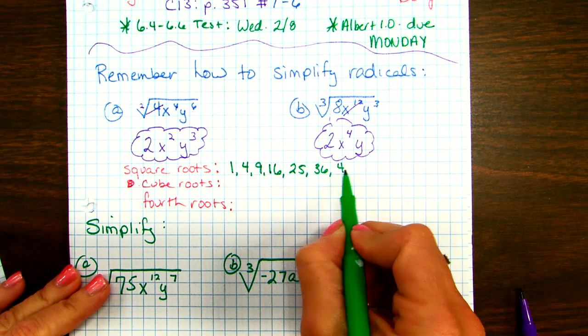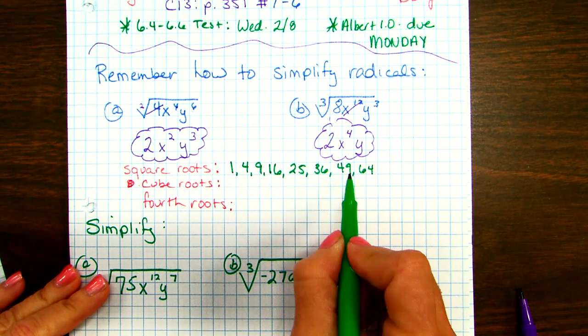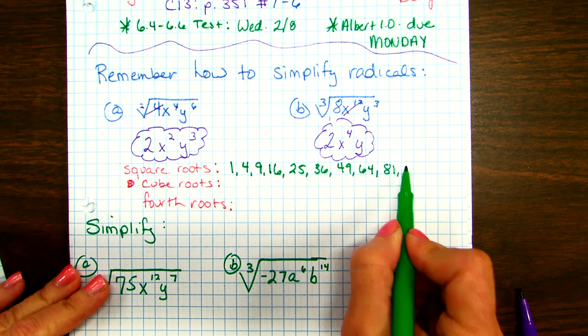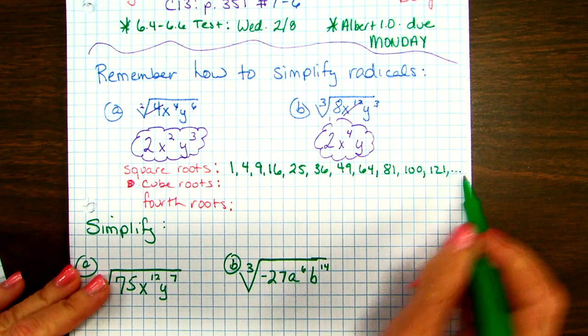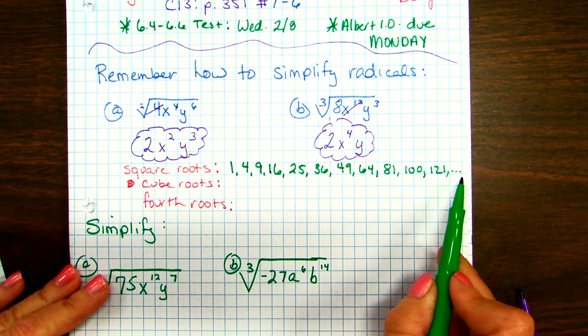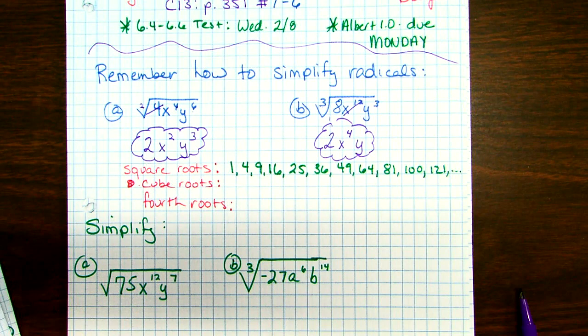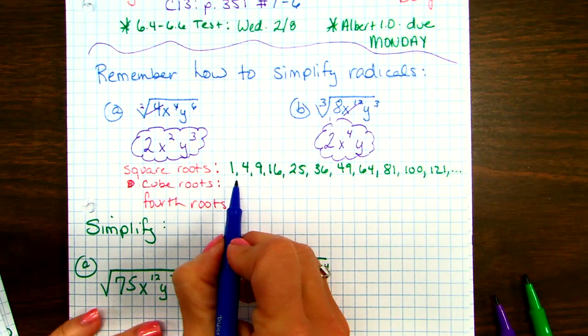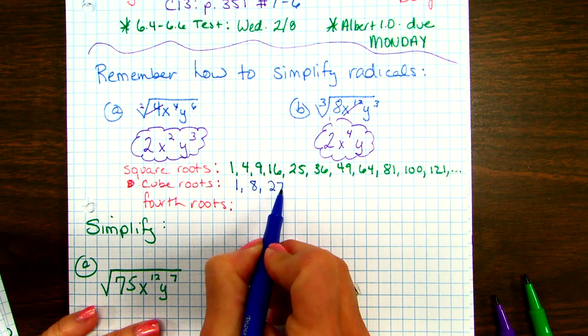I can't talk and do it at the same time, so let me write 1, 2, 3, 4, 5, 6, 7, 8, 9, 10, and it goes on from there. So the square root list is always a little bit longer because there's more of them. You're only doing it with 2's. The cube roots, 1 times 1 times 1, 2 times 2 times 2, 3 times 3 times 3.